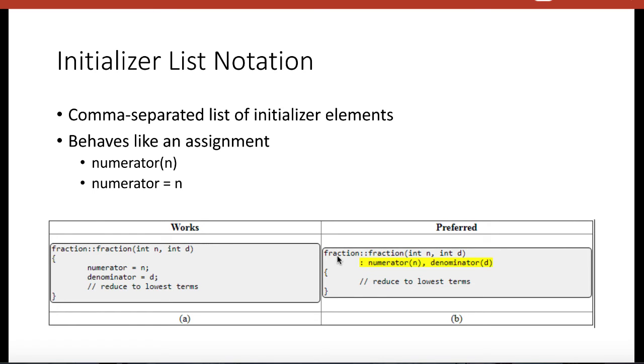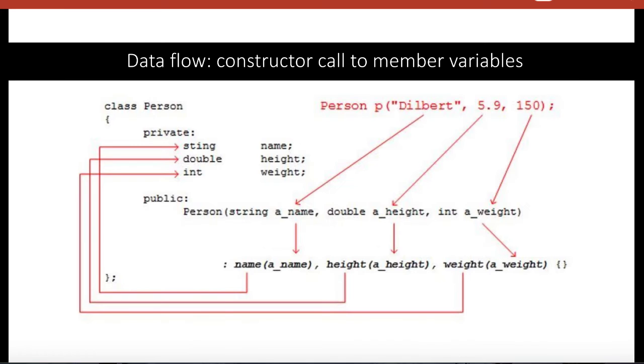You have the same header, with the fraction scope operator and the function name, your two variables passed in, but this time you have your colon and your comma separated list of initializer elements. That way you can separate the initializing activity from your operations, such as, in this case, reducing to the lowest terms.